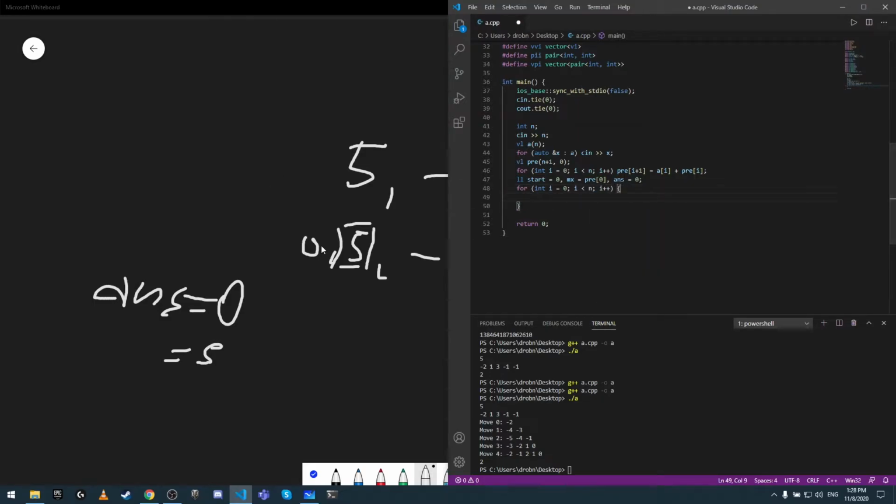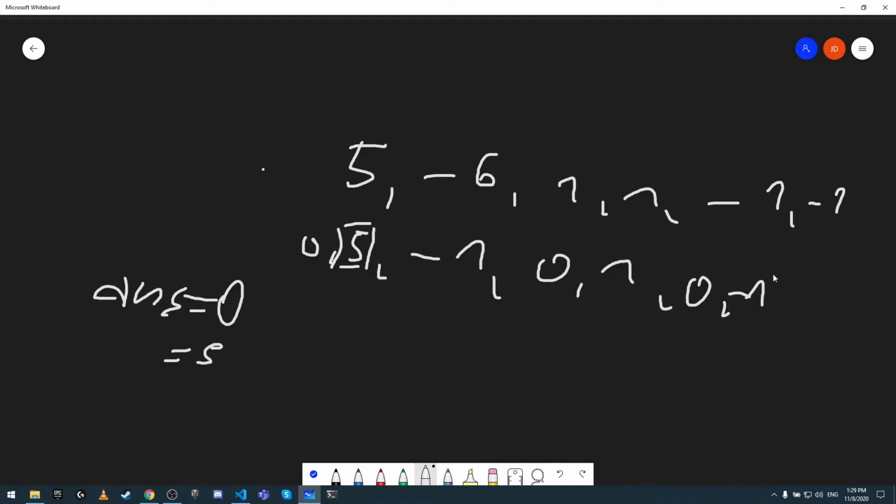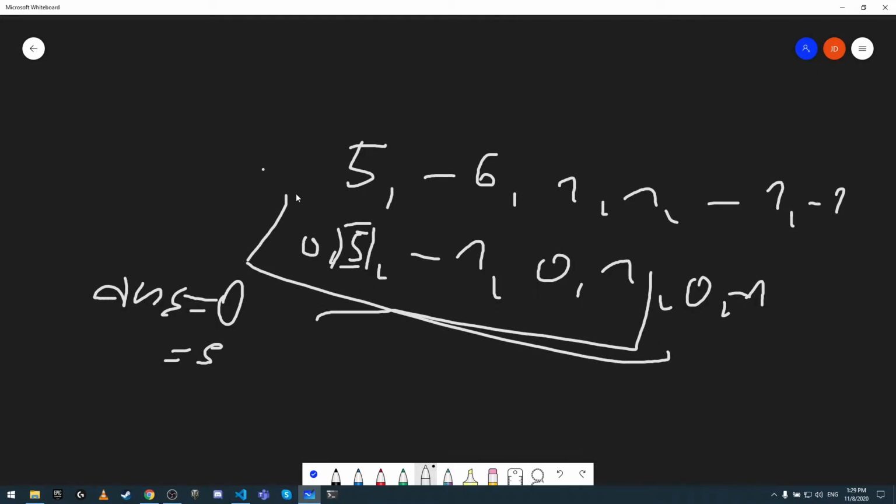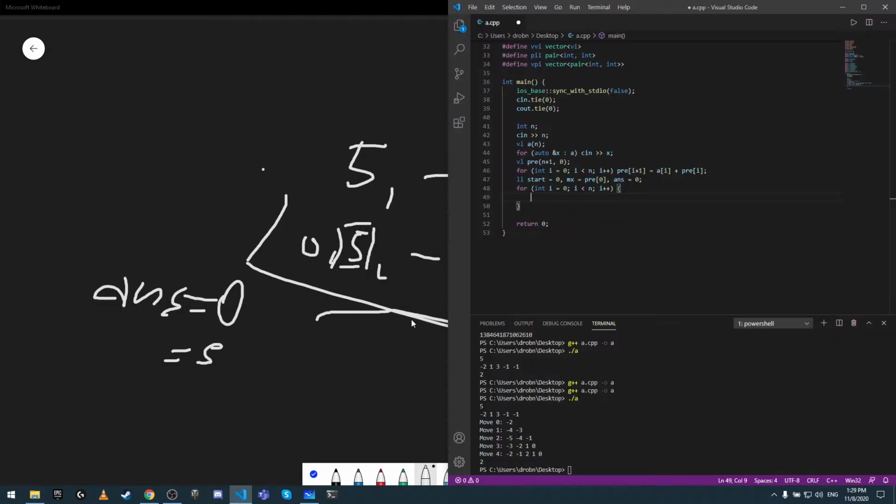Because most we will advance in, for example, doing the fourth move will be during the first move we advance during and so on. Okay, so whatever.